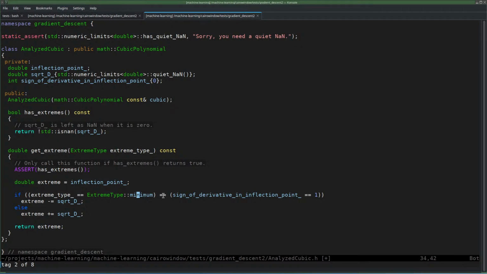So really I could just do two multiplications and an addition instead of a branch. What do you think? I think I'm going to leave it to the compiler. The compiler will probably figure this out, right?